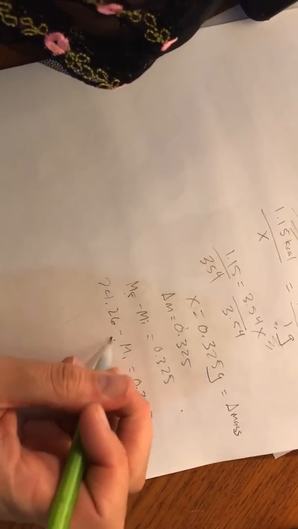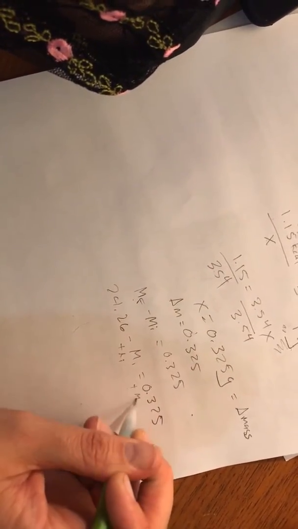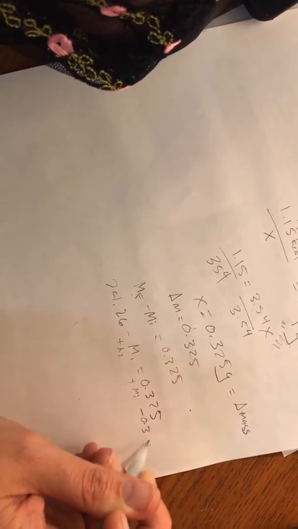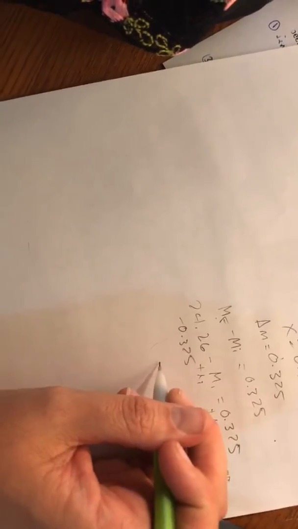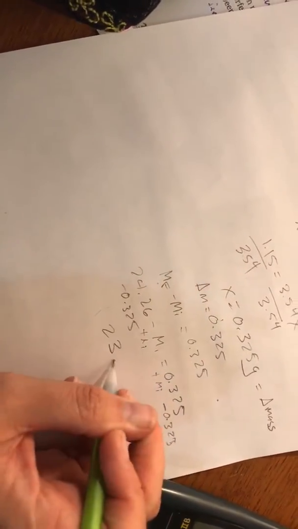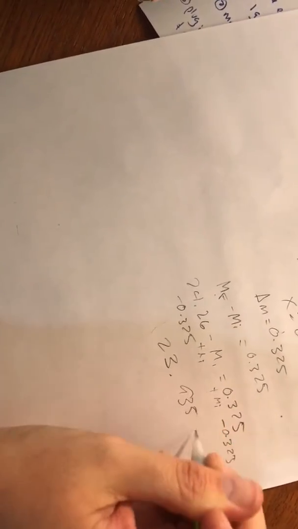So we're going to add mass initial to both sides, and we're going to subtract 0.325. So the actual answer to this problem is going to be 24.26 minus 0.325, which is 23.935. Okay, so the initial mass for this is 23.935 grams.